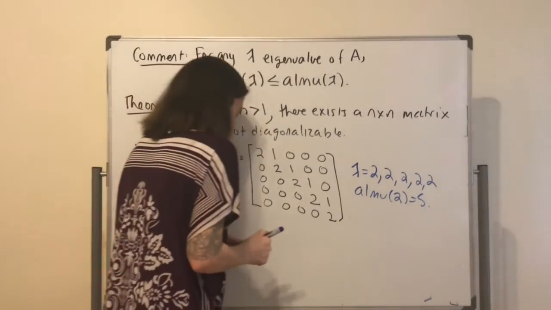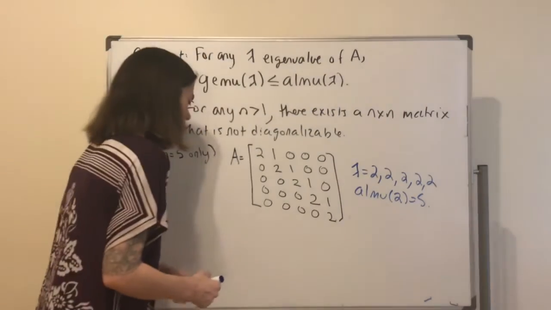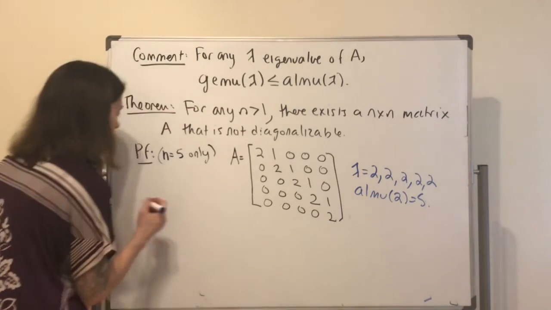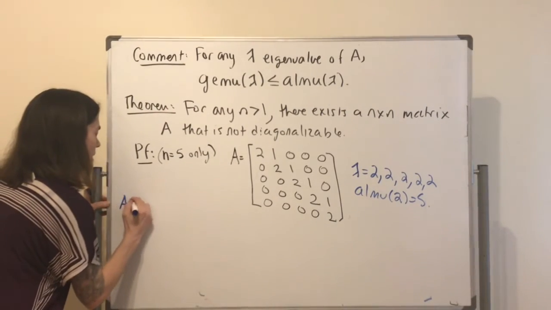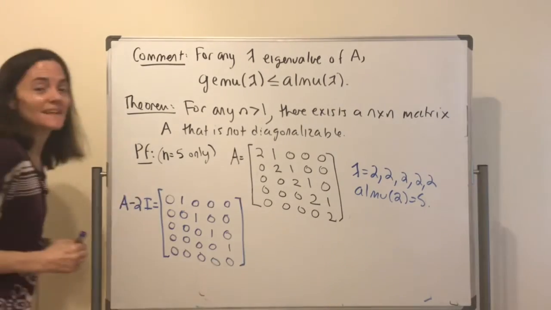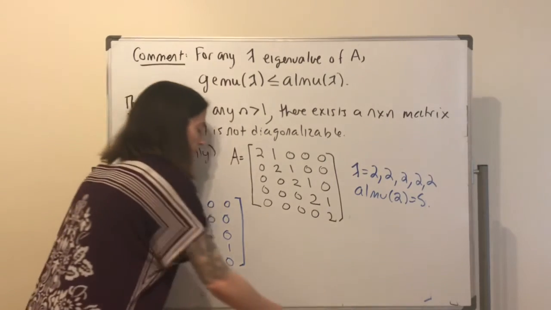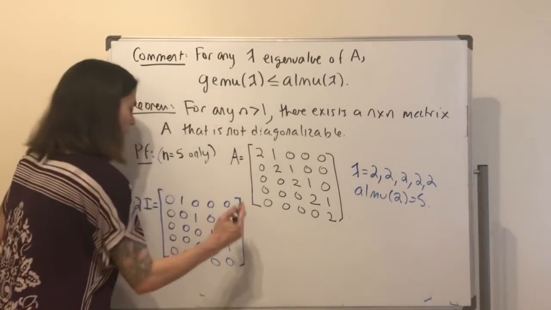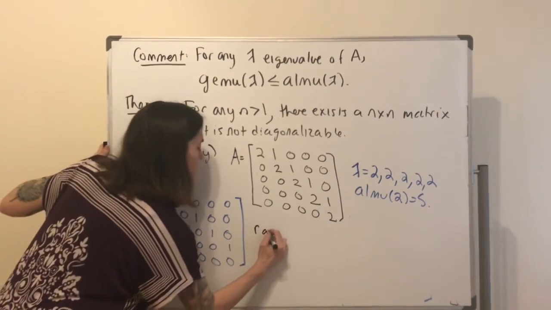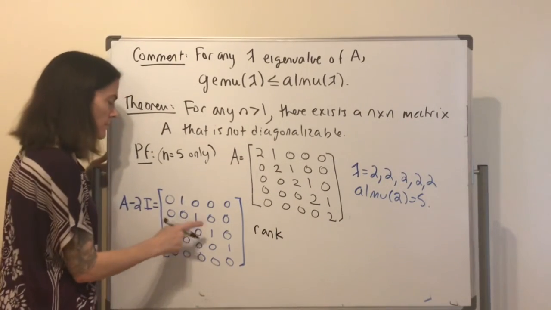But what is A minus 2I? A minus 2I equals, here's A minus 2I, and you notice this matrix has rank, well, this matrix is already in reduced row echelon form.